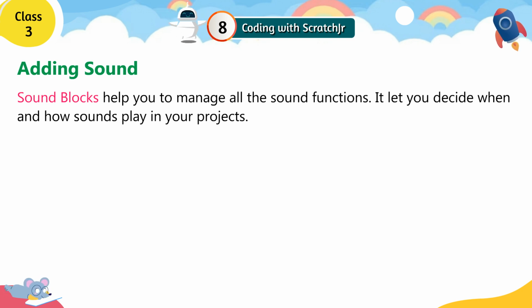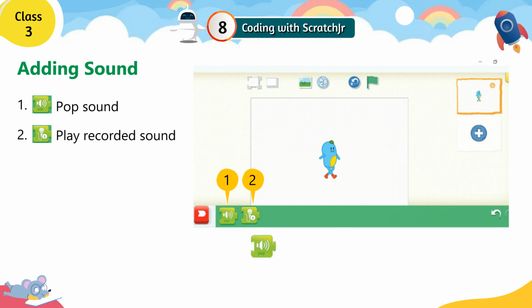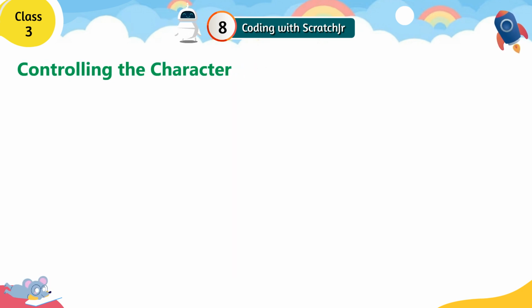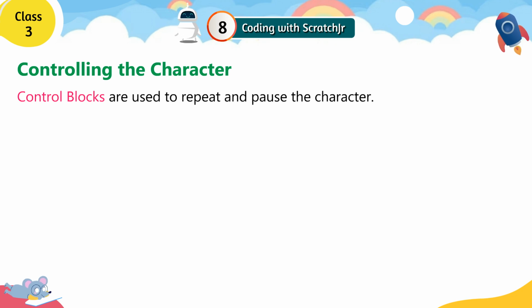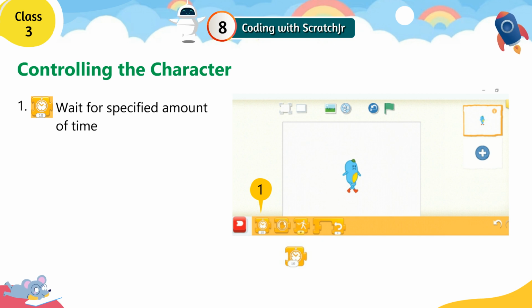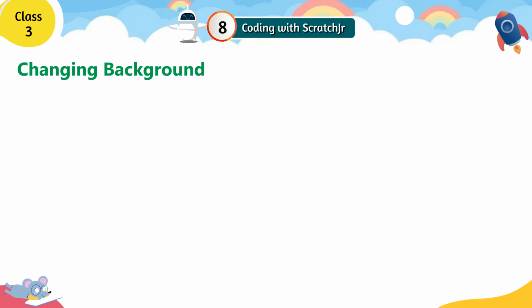It lets you decide when and how sounds play in your projects. 1. Pop sound. 2. Play recorded sound. Controlling the character. Control blocks are used to repeat and pause the character. 1. Wait for specified amount of time. 2. Stops the character.